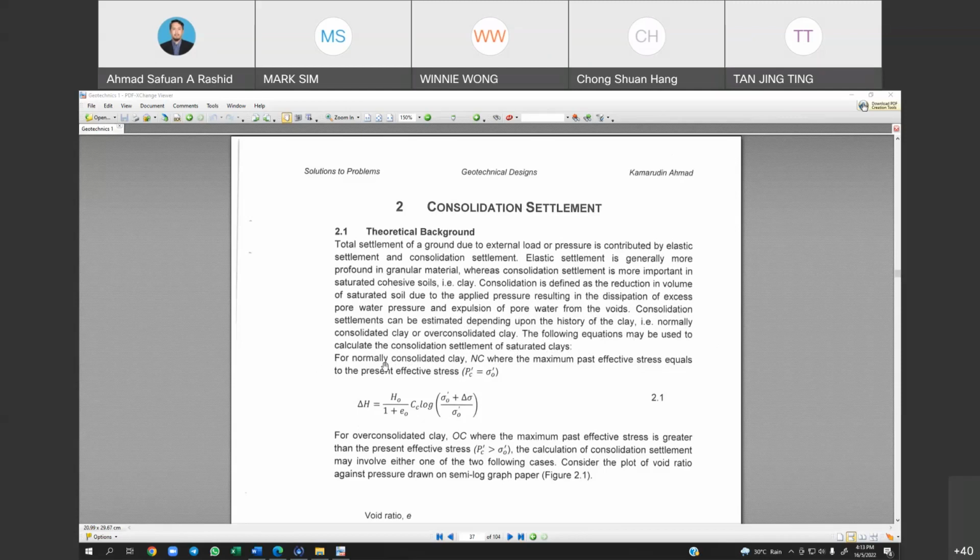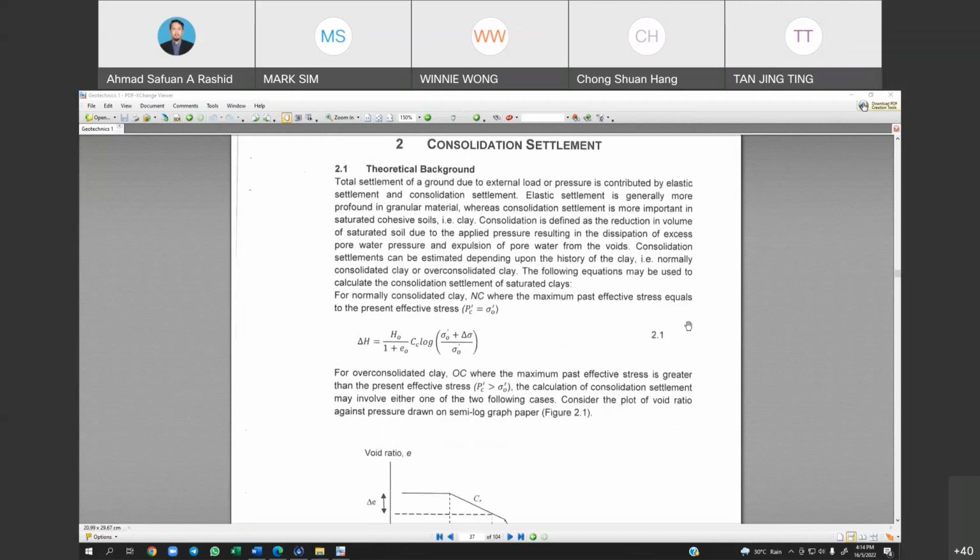For normally consolidated clay, the maximum past effective vertical stress equals the present effective stress, which is PC equal to sigma C. Dr. Kamarudin used PC, while our previous example in the slide used sigma C. So this is the equation.